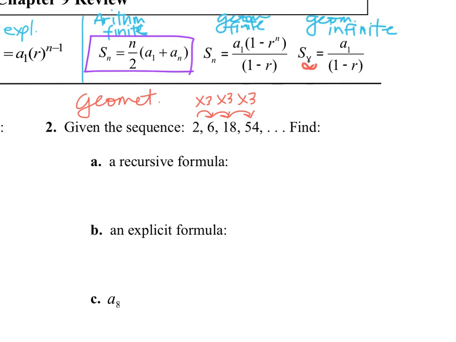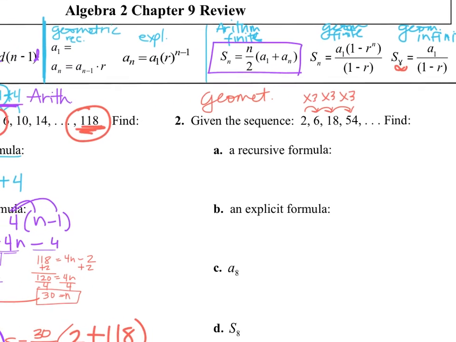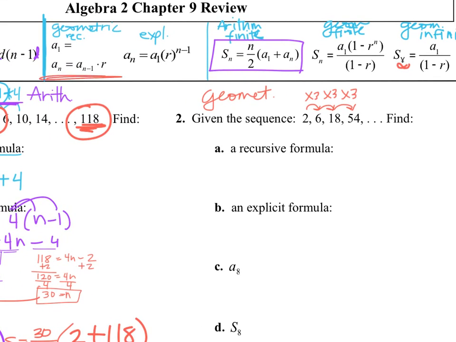Okay. So the recursive formula for geometric is right up here. So we're going to say a sub 1 is 2 and a sub n equals a sub n minus 1 times the common ratio, which is 3. So that's your recursive formula.